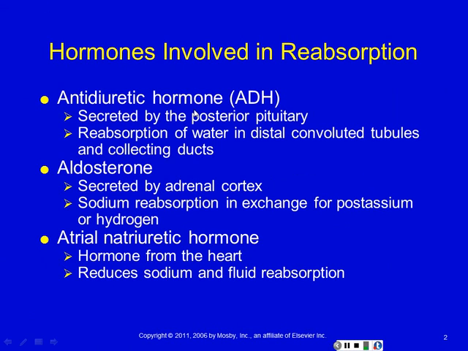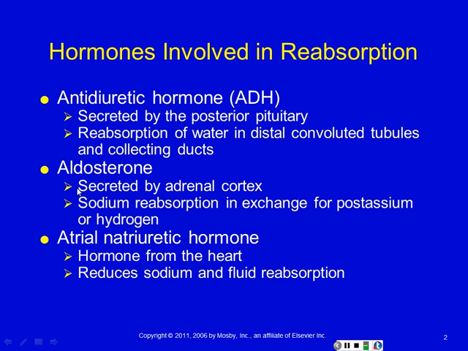The antidiuretic hormone is secreted by the posterior pituitary, and it triggers the reabsorption of just water. So ADH is important because these other mechanisms really work on salt, not on water, but ADH actually works on the water, reducing the amount of water in the urine or increasing it, depending on what the body needs.